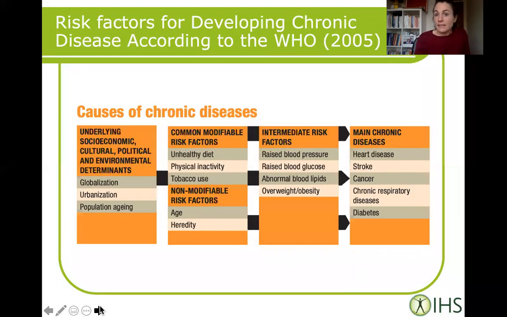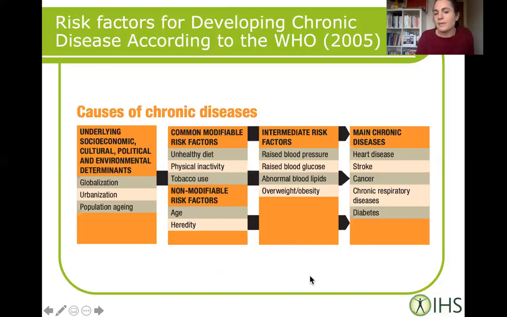So as I said, we can see that chronic disease is increasing. Here are some of the main chronic diseases: heart disease and stroke, cancer, chronic respiratory diseases, and diabetes. What's really interesting here, and this really applies to the course, is the World Health Organization diagram. The paper is old, but it's a really good diagram because it brings in the environment and also lifestyle factors.